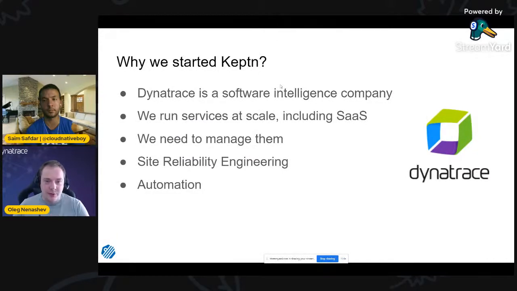So why did we start Keptn? First of all, Dynatrace is a huge company. It provides a lot of tools as part of the Dynatrace platform. It's a software intelligence company which has its roots in application monitoring. Dynatrace is available as software as a service, and there are also a lot of on-premise installations, and we target large-scale and hyperscale installations.